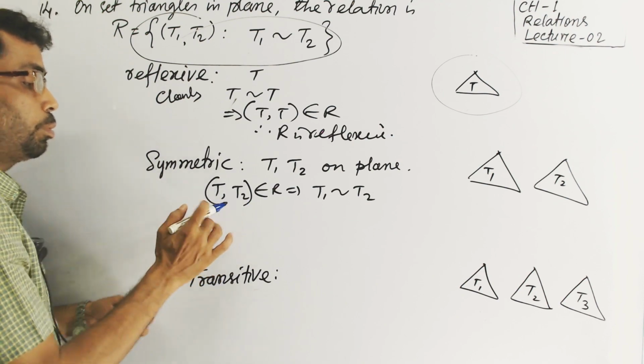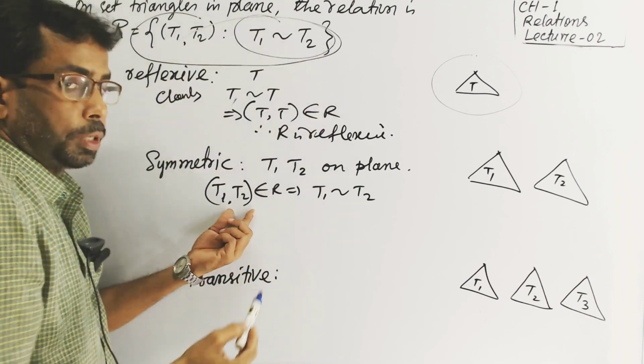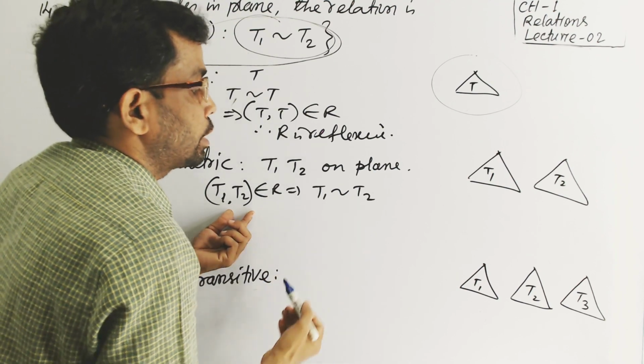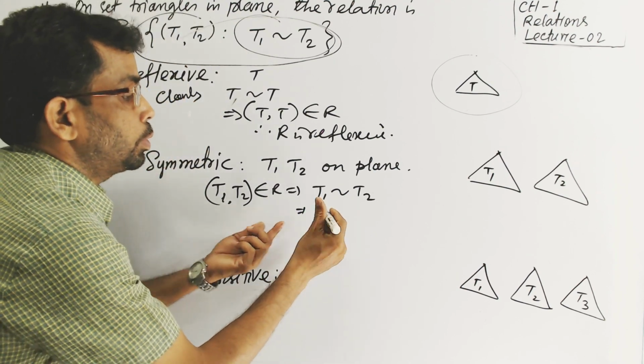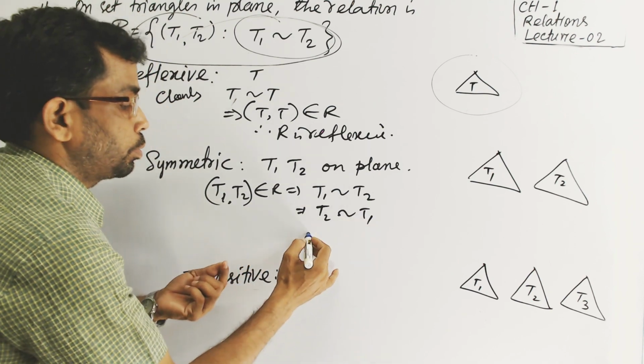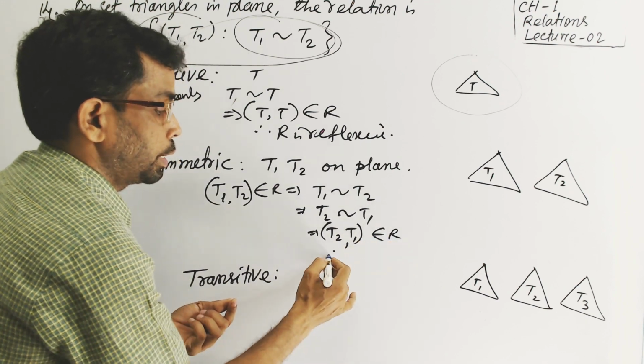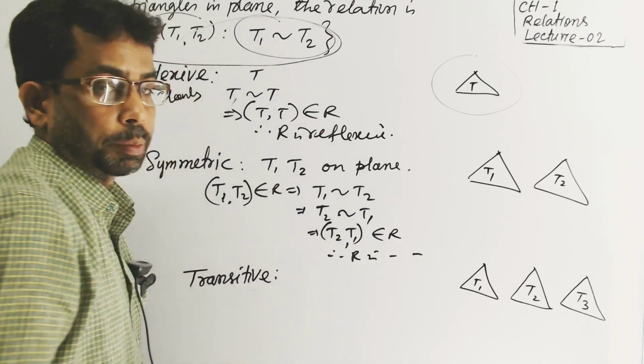So if two triangles are in the relation, then according to the given definition the two triangles are similar. Then if T1 is similar to T2, obviously T2 is similar to T1, and hence the pair T2, T1 is also in the relation, and hence the relation is symmetric.